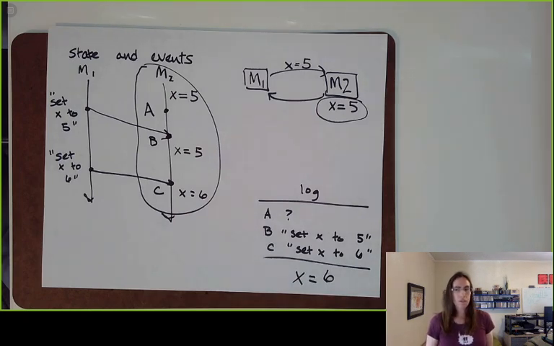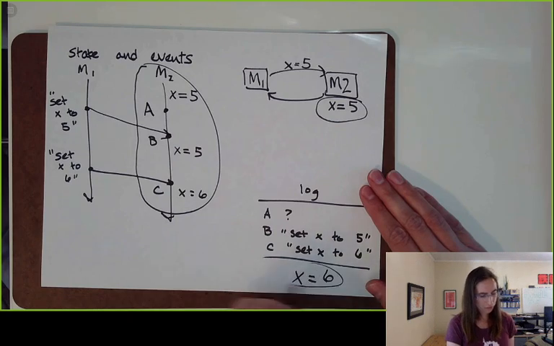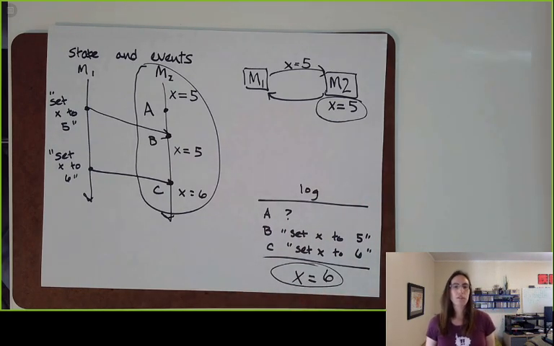Can we do the reverse? Like if I just told you that x was 6, do you know the sequence of events that led to that? No, because there are a lot of different ways that you could have gotten to this state where x is 6.